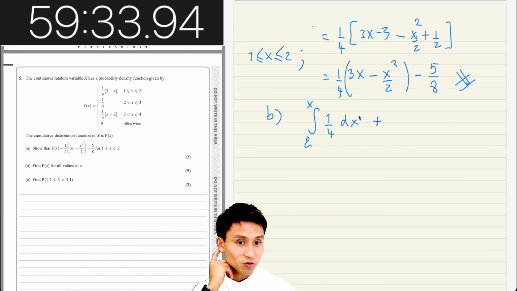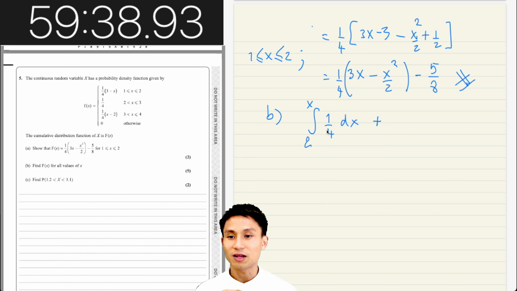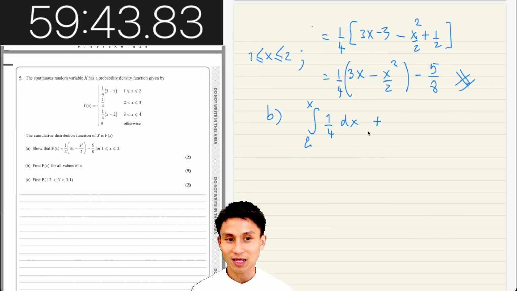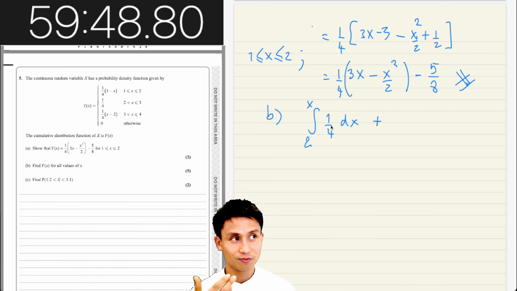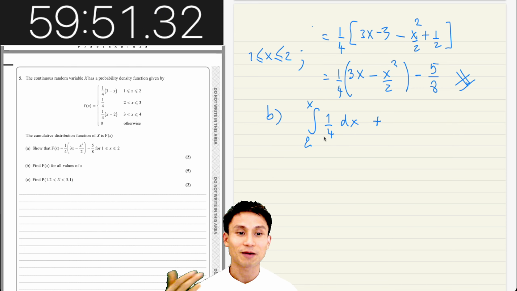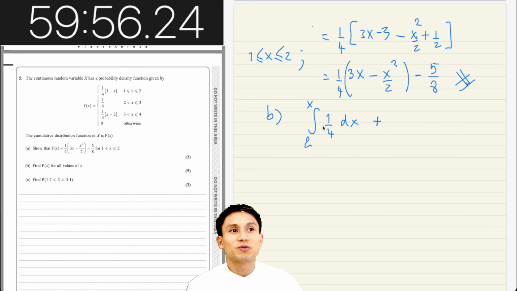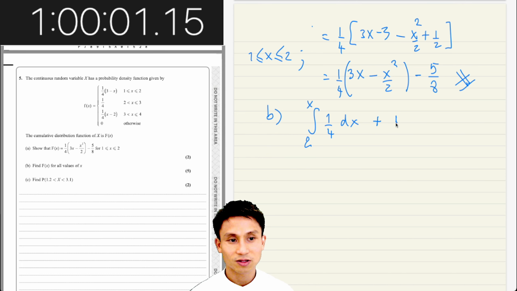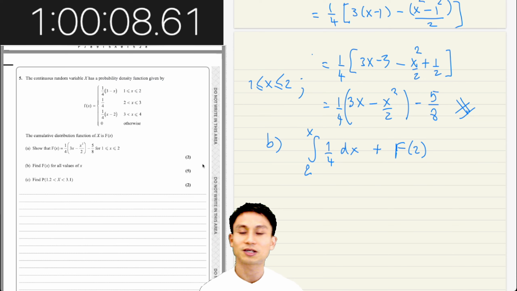If you only have this without adding the previous area, and you put 2 in the formula, it's going to give you 0. You can try that. If you ignore this part and integrate, when you put 2 into your capital F of x function, you're going to get 0, which is not right. So it's got to account for the previous area, and we can find that by substituting 2 from the first equation here, because 2 is the upper bound of the first function.